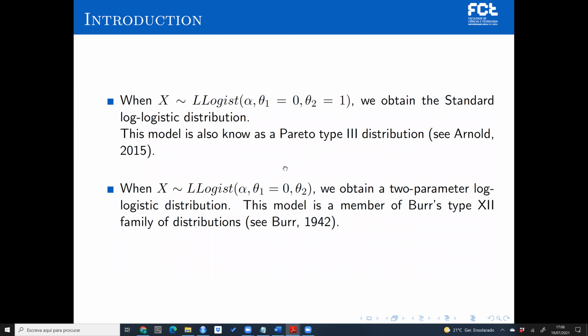When we consider the same distribution with a location parameter equal to 0, we will obtain a two-parameter log logistic distribution. It is known that this model is a member of the Burr type 12 family of distributions.